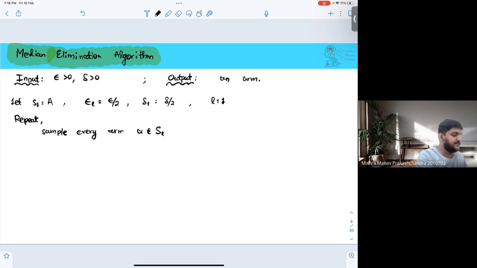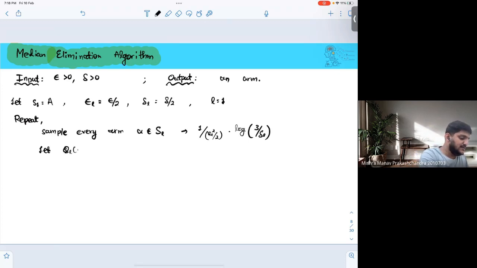I actually sample this arm this many times: epsilon L the whole square by 2 times log of 3 by delta L. Okay. And let QL of A denote its value.